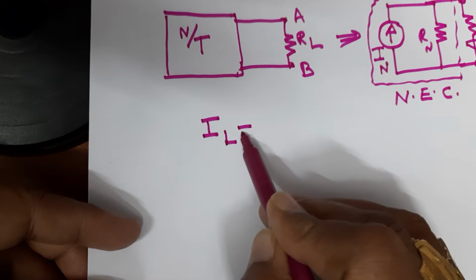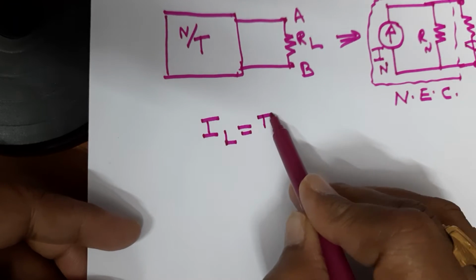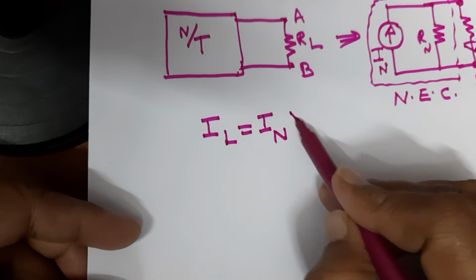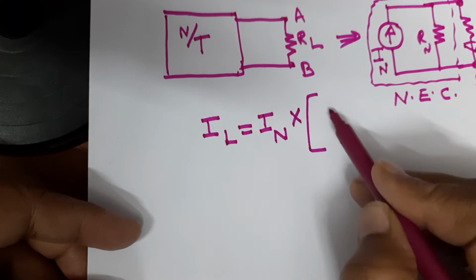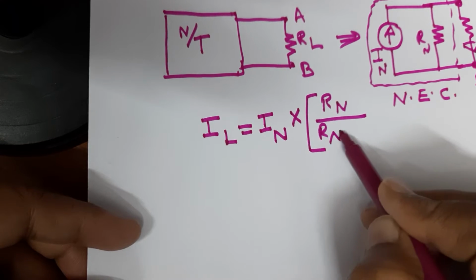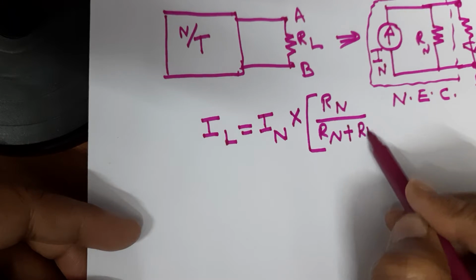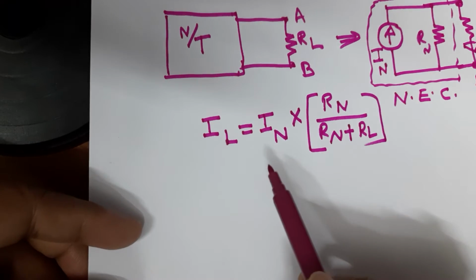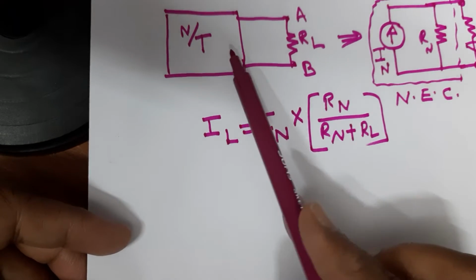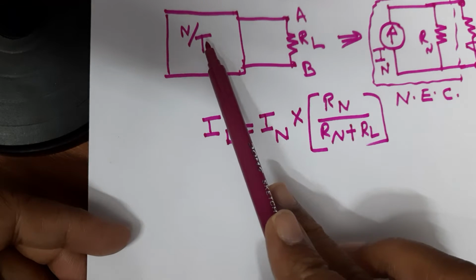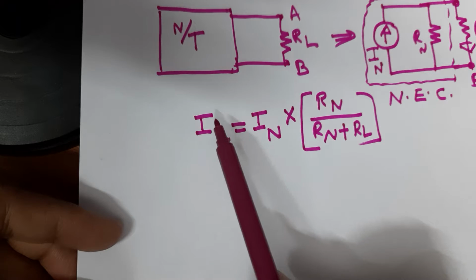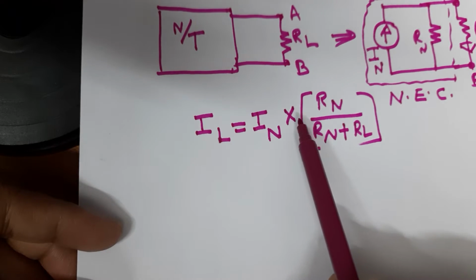Load current is given by the current source IN, multiplied by Norton resistance divided by the sum of Norton resistance plus load resistance. Is it clear? Once we replace the given network with a circuit like this, it is very easy to find the load current by using this formula.